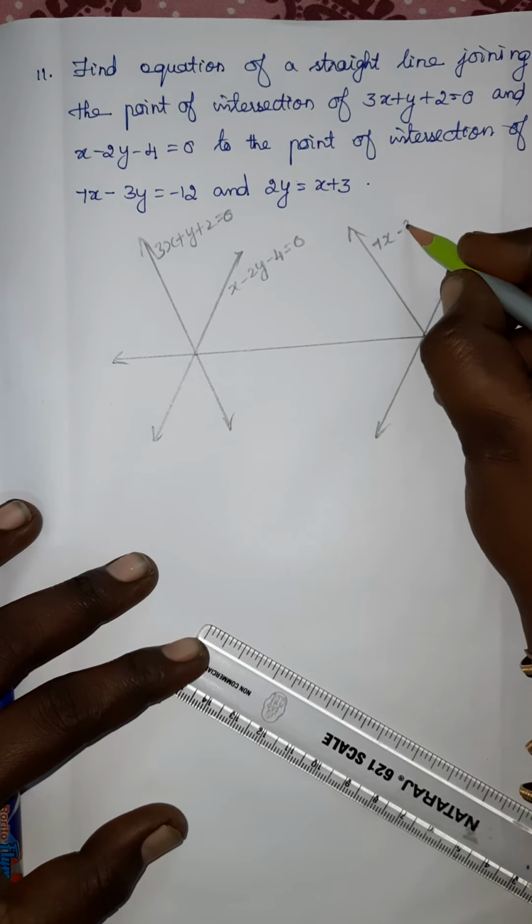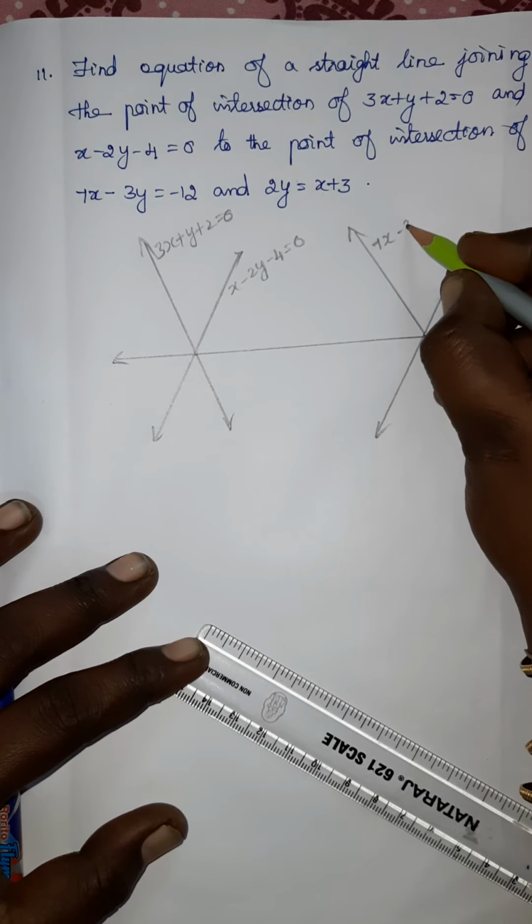Okay. For the elimination method, we can multiply the first equation by 2 or the second equation by 3. If you multiply the second equation by 3, you will get the x term coefficients equal, so you can eliminate the x term. Or if you multiply the first equation by 2, you will get the y term coefficients equal, so you can eliminate the y term.